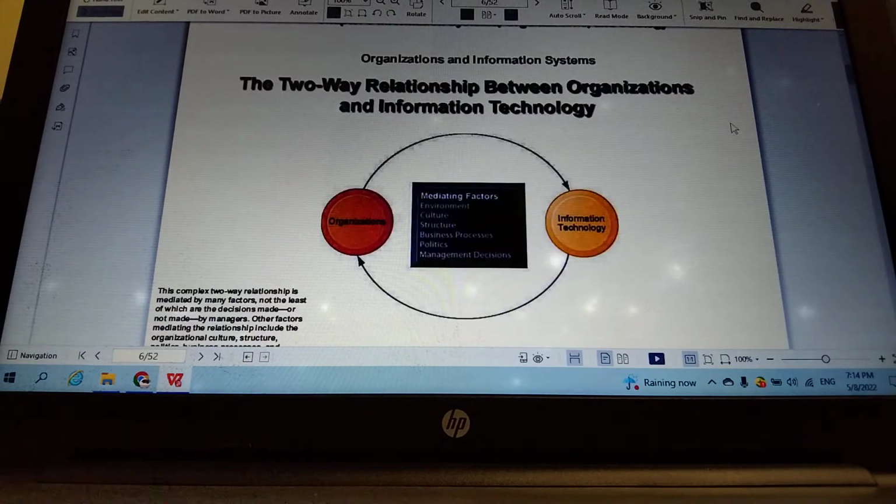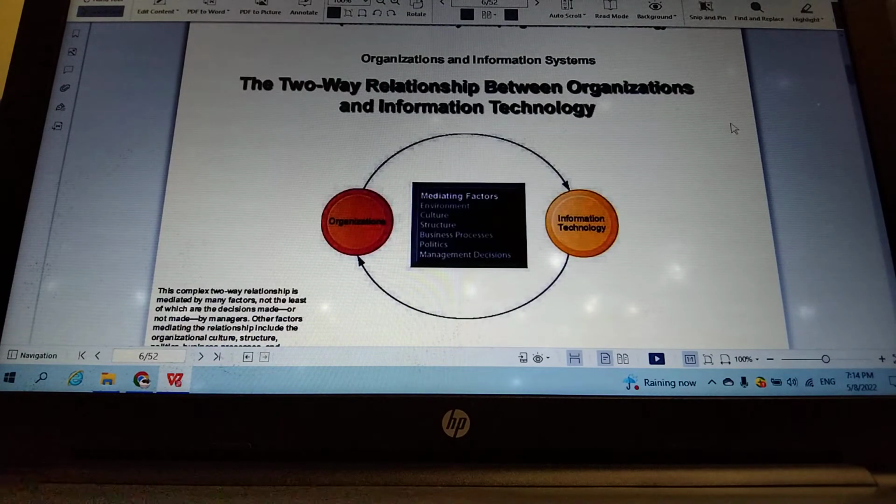So what we can see in the next slide is a chart which shows the two-way relationship between organization and the information technology. On your right hand side is where the information technology is, or in other words, what we used to call management information system, and on your left hand side is the organization.